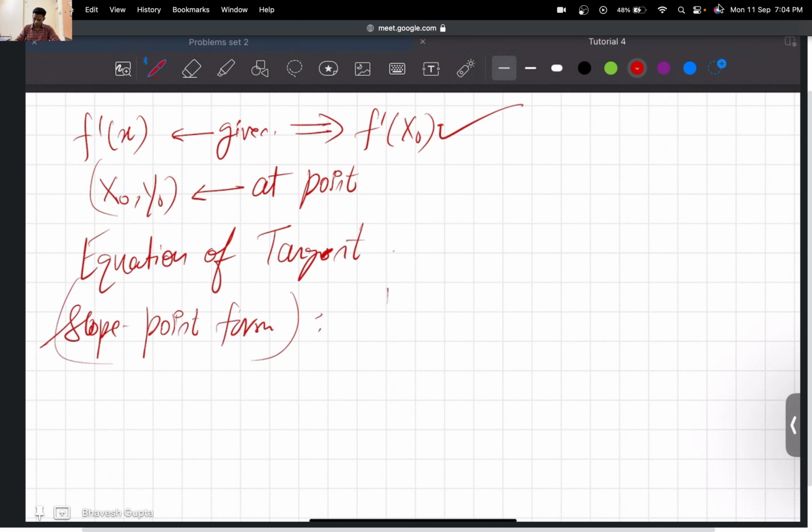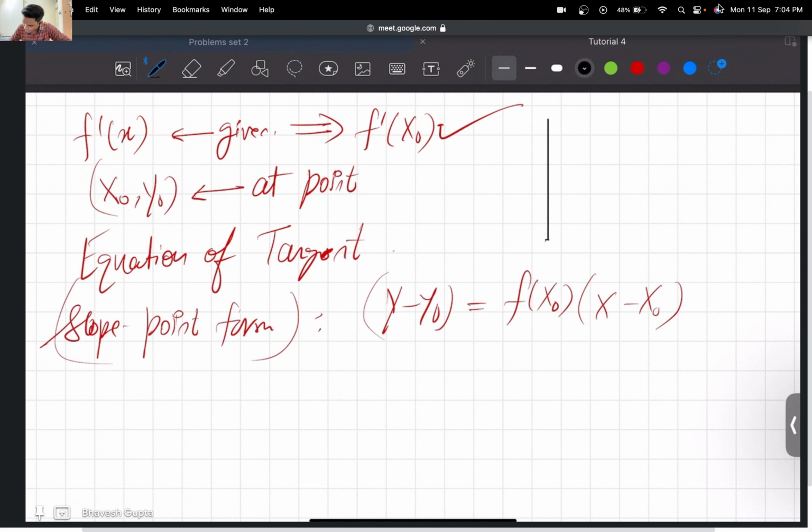Which turns out to be y minus y naught equals the slope times x minus x naught. In case you're wondering how this looks geometrically, let's say this was my point at which I am finding the slope, this x naught and my y naught.